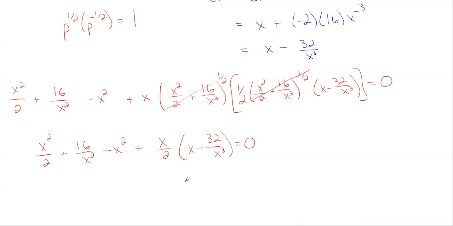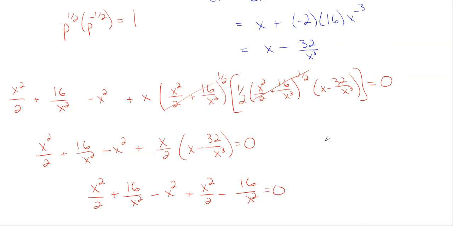And then from here, it is just simple algebra. Simplifying down even further, we end up with x squared over 2 plus 16 over x squared minus the x squared, and then taking this through, we end up with plus x squared over 2 minus 16 over x squared is equal to 0, from the x over 2 going into the 32 over the x cubed.